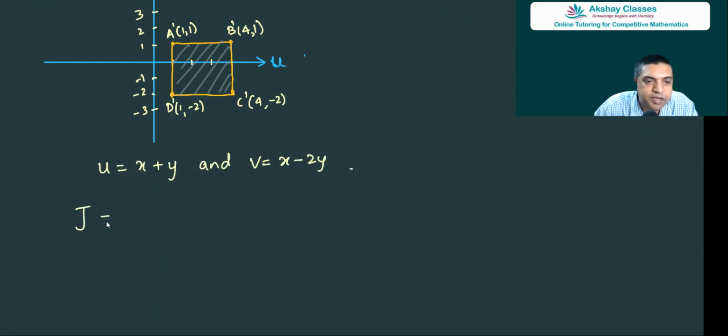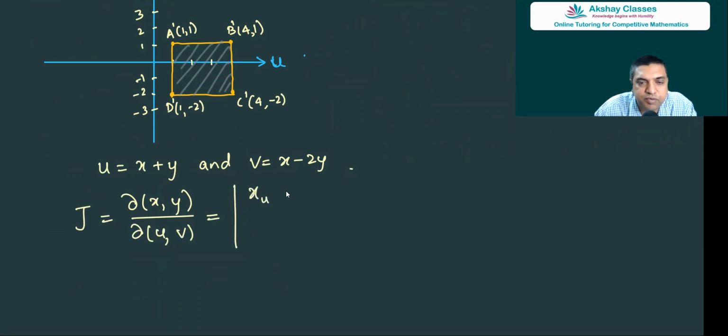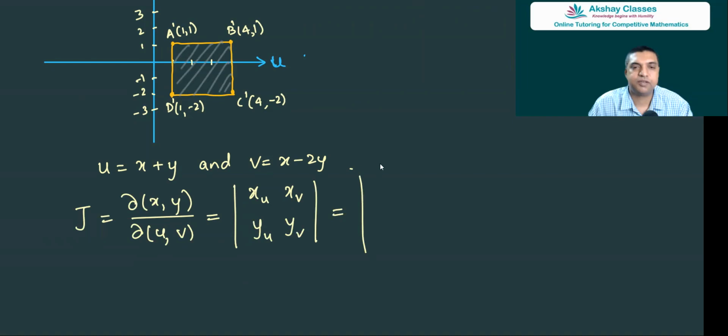So Jacobian of ∂(x,y) with respect to ∂(u,v) is partial derivative of x with respect to u, and with respect to v, partial derivative of y with respect to u and with respect to v.